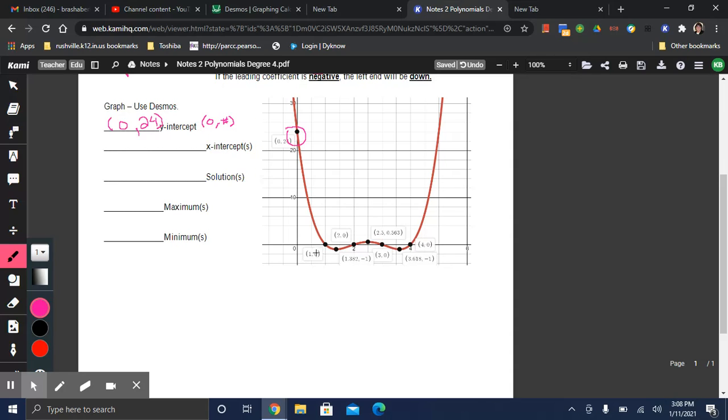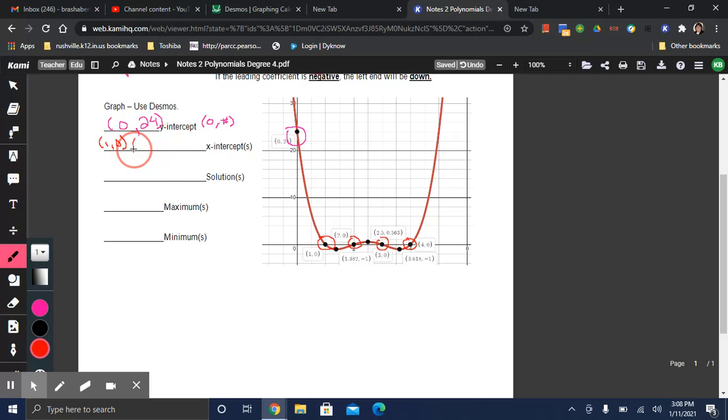All right, your x-intercepts should be on the x-axis. So we want to look at all of those where we're intersecting the x-axis. This is a degree 4, so the most number of x-intercepts would be 4. And this one actually does have 4. It happens at 1, 0.